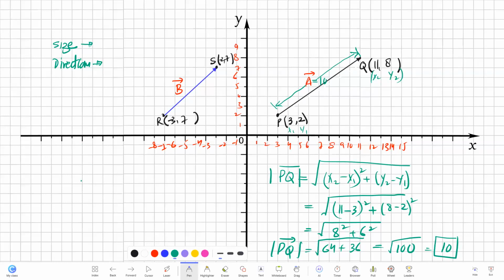Can you guys give me R and S? Calculate R and S, give me the answer in the chat. Make sure you're at least writing those formulas. I'm asking R and S, which is on the left side.